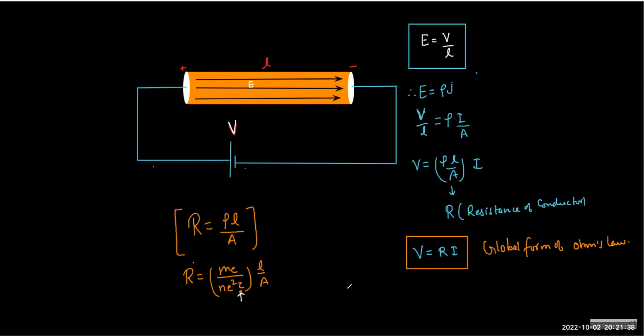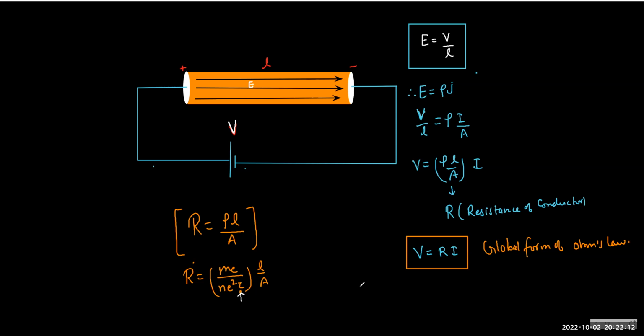So R is not technically something you're opposing. It's a property of the entire medium, which makes sure that, given the applied voltage or potential difference, you can only establish a certain finite current or finite flow rate of charge.